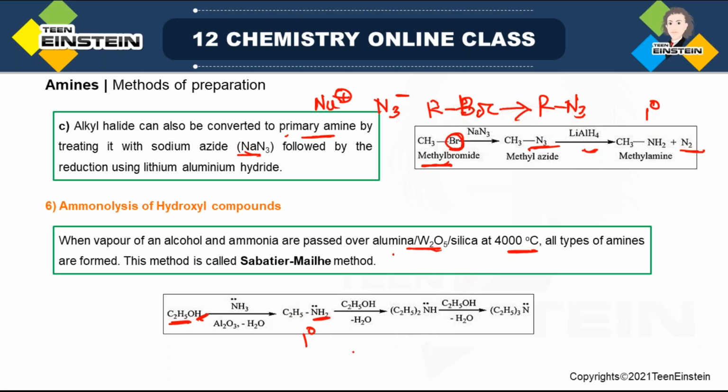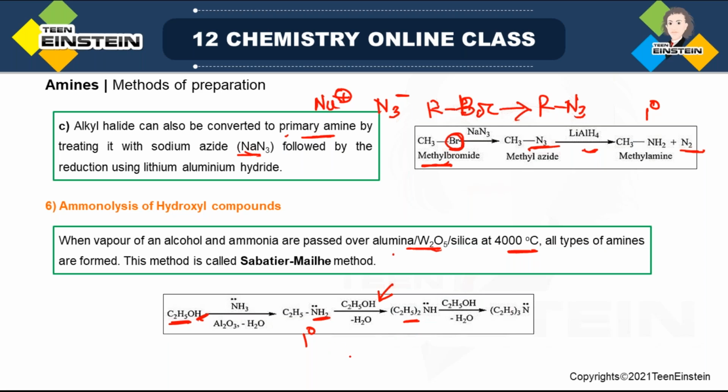But if your purpose is to make a 2 degree amine, rather than stopping the reaction at this portion, you can continue further, and for that you have to add another mole of ethanol. Now another hydrogen of C2H5NH2 is replaced by another ethyl group, which is basically coming from C2H5OH.